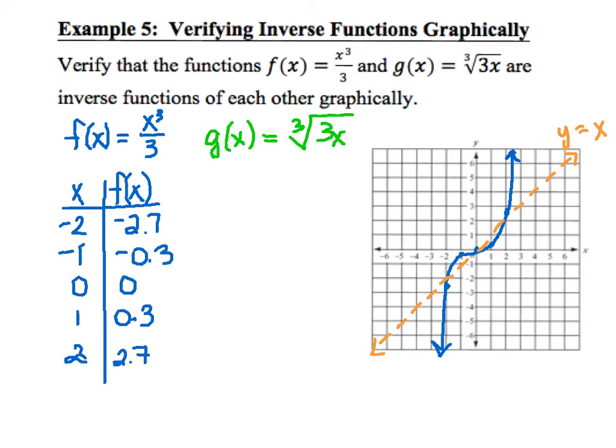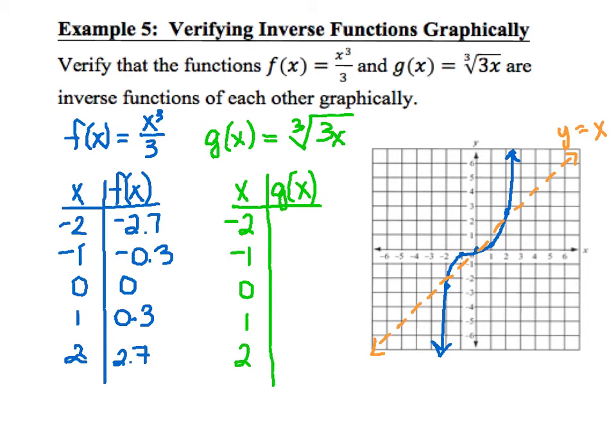Remember, anytime you have an odd root, you can plug in negative values into your radical. Alright, so we'll make our table of values. We're going to have x, and we'll have g of x. So we'll still plug in -2, -1, 0, 1, and 2.